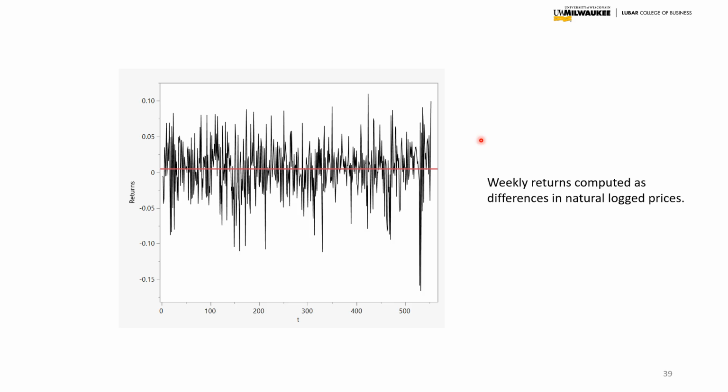Notice that the weekly returns of Apple prices is a random series and a series with constant variance. We see that the prices from one week to the next could change as high as 10% or as much as you can see down here, minus 15%. So basically most of it's falling within plus or minus 10%.